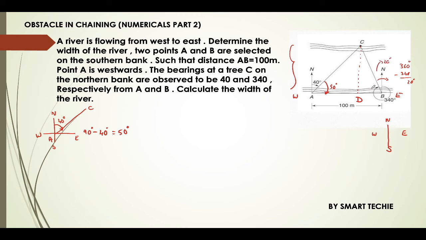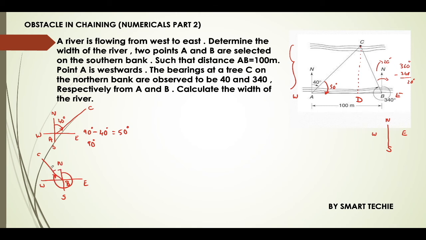But the total angle again is 90 degrees. If we consider north, south, west and east, we have the line from B to C, and this angle is measured from the north direction till this line. The total is 360, and minus 340 we get this angle.